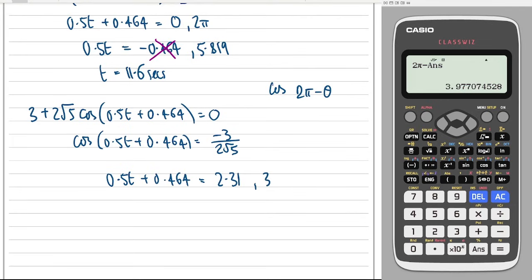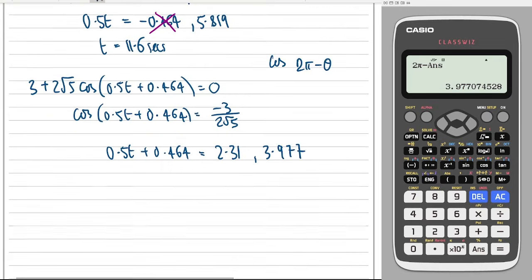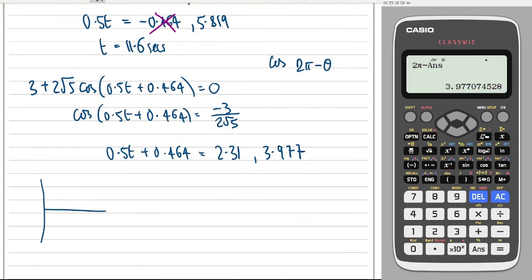Let's go over that. 3.977. Okay, so those are the two values, and the cosine function is going to go down and hit 0, and then it's going to go under the water and then come back up again at 0.